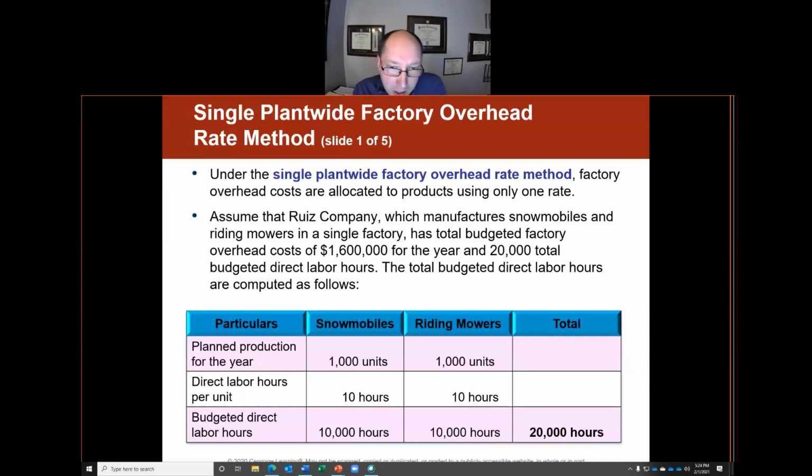So here's the budget below. Here's how it looks. The first thing we do is we identify what we call the particulars, but you could also call it activities.